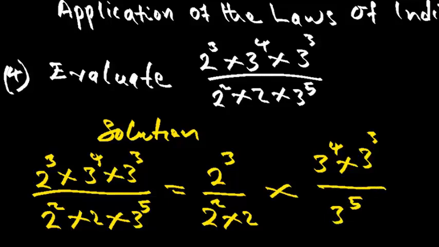We are separating it this way so that we have the bases being the same. On the right side, all the bases are the same, and on this side, all the bases are the same, 2, 2, 2. Know that the 2 here has an exponent of 1, which we don't write. Naturally, every number has an exponent of 1. So now we can proceed from here.